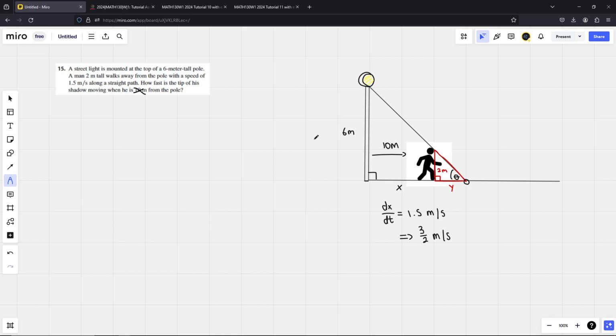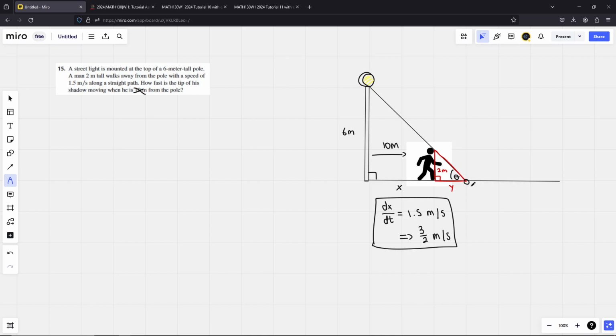So what do we really want? Well, as this man walks away from this pole, that's going to be denoted as dx/dt, because that's the speed that he walks away from the pole. So what is dy/dt? Well, dy/dt is going to be the length of the shadow and how fast that's changing. But that's not really what we want in this question. That's a different question.